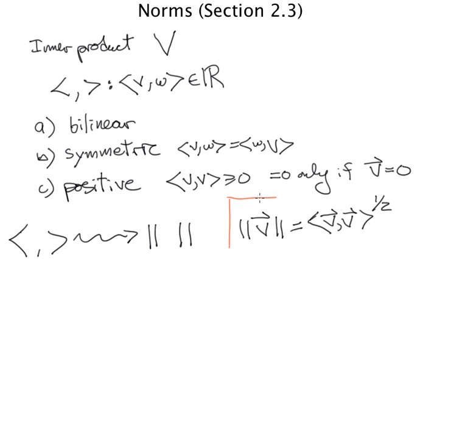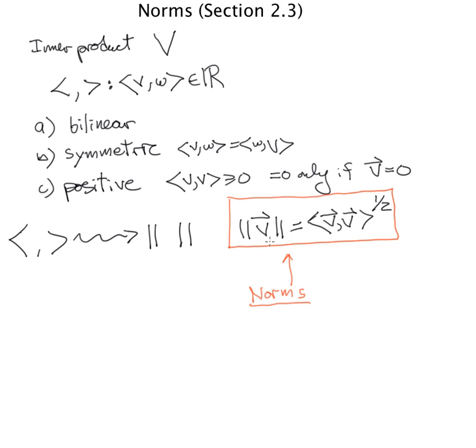And what we're going to talk about today is the theory of norms independent of inner products. So pretend you didn't have an inner product, and you just look at this operation which takes a single vector to a number.